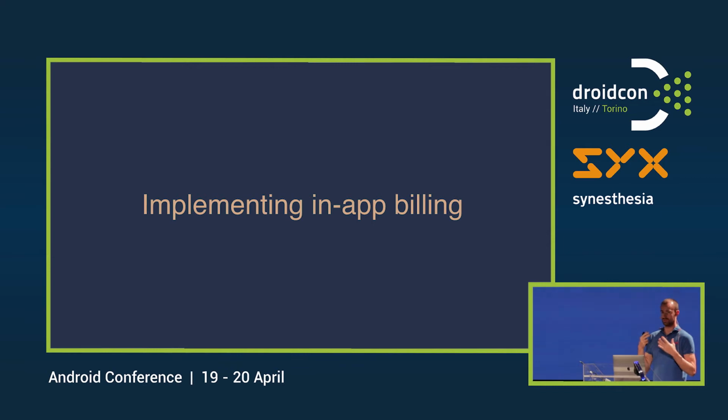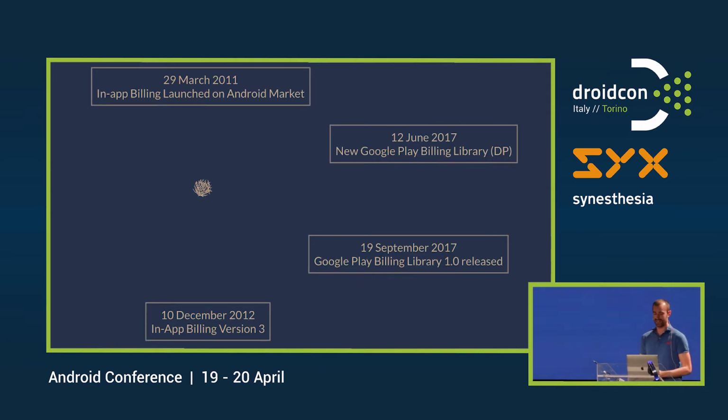With this introduction done, so we know what we're going to talk about, let's delve a little bit more into the details of implementing in-app billing on Android. But before we do that, I would like to take you on a journey and visualize a timeline of the past 5 years. In-app billing was first launched in 2011, on the 29th of March, more or less. Finally, developers could provide purchases from within their app.